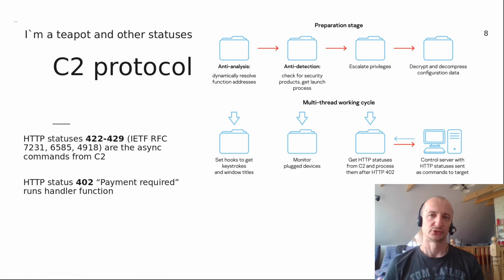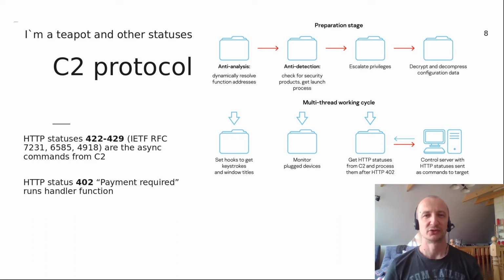So the control server for the malware could reply with any HTTP status, right? So what for? For the developers to invent some codes or some strings, encrypted strings for the commands to the infected machines. They could just use such HTTP statuses, the rare ones from the RFCs I mentioned, right? So this is the engineering idea. I could say I like it.